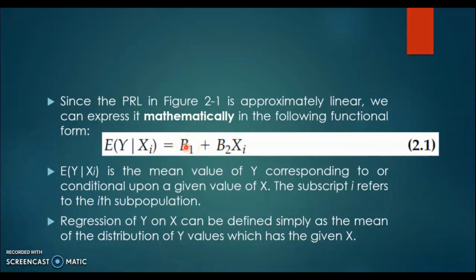B1 here is the intercept, while B2 is the slope. The slope here measures the rate of change in the mean value of Y per unit change in X.